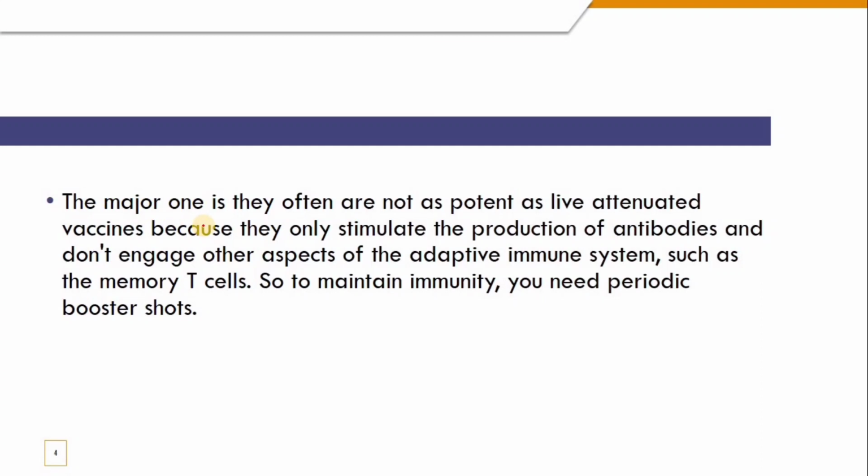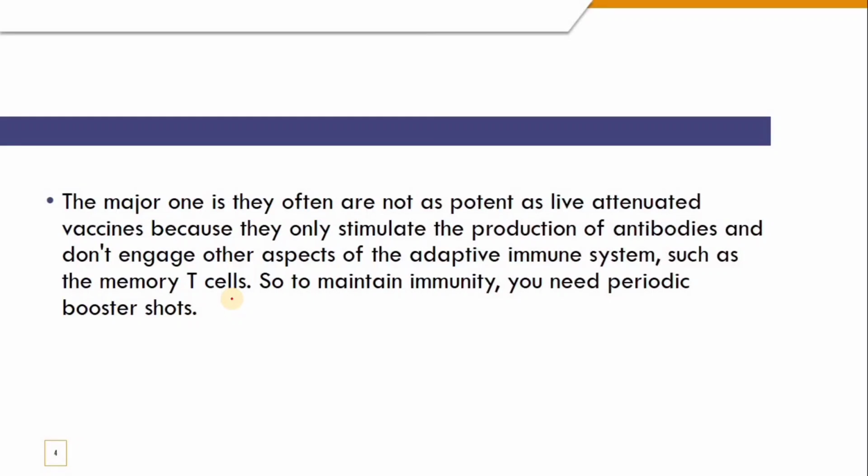The major drawback is that they often are not as potent as live-attenuated vaccines because they only stimulate the production of antibodies and don't engage other aspects of the adaptive immune system, such as the memory T cells.